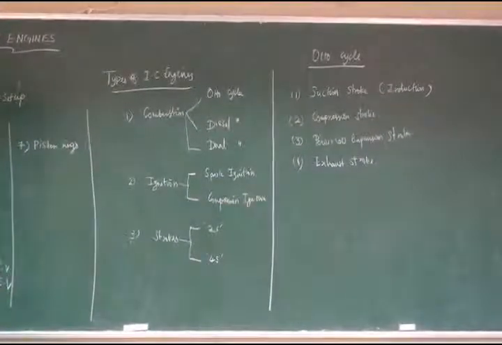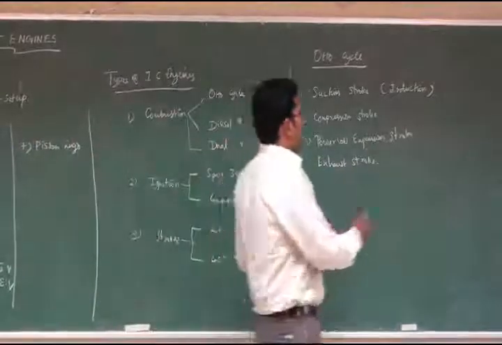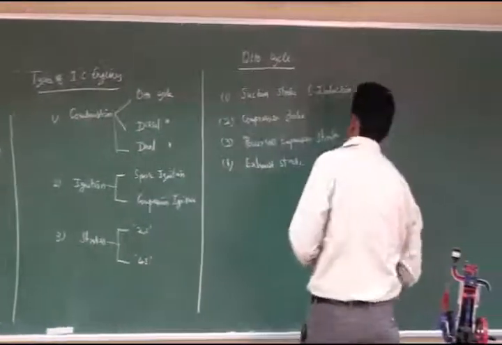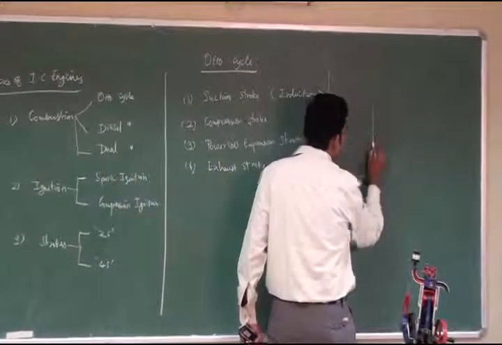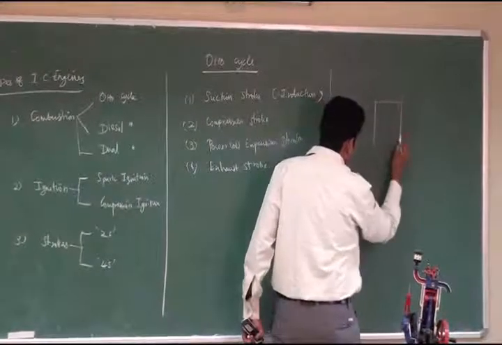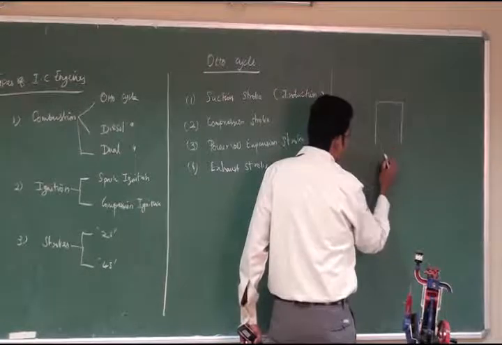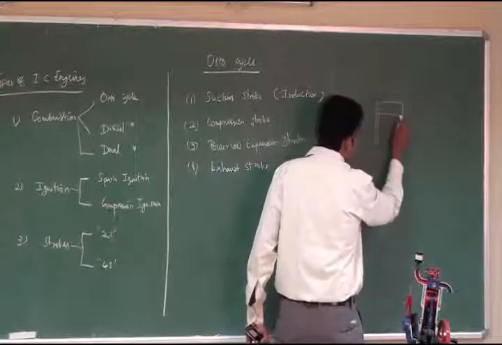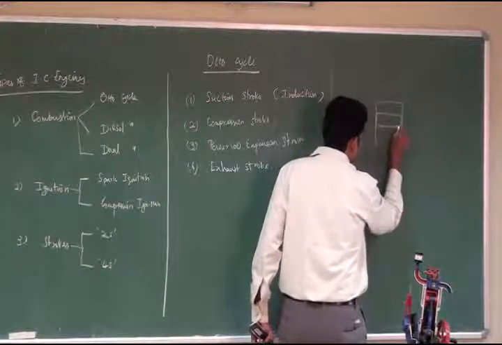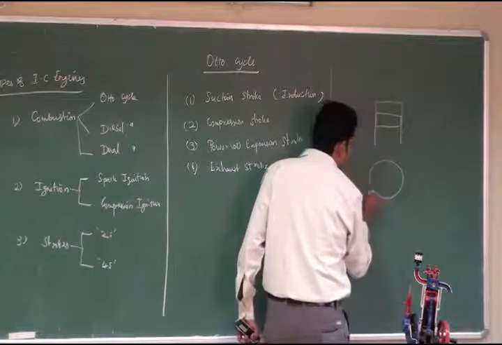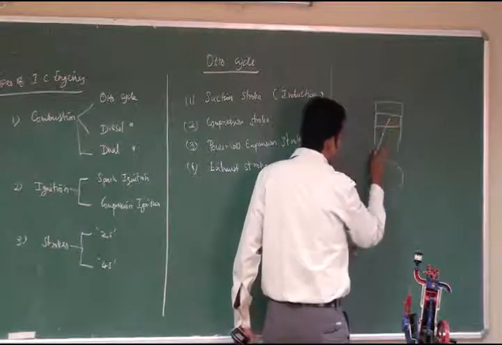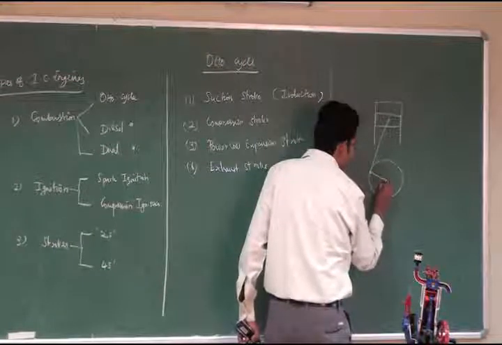For this we have to draw a 2D diagram for better understanding of the suction stroke. Now this is the 2D diagram of the suction stroke. This is a cylinder in which the piston slides up and down. This is a crankcase, this one is a connecting rod, this one is the crank.